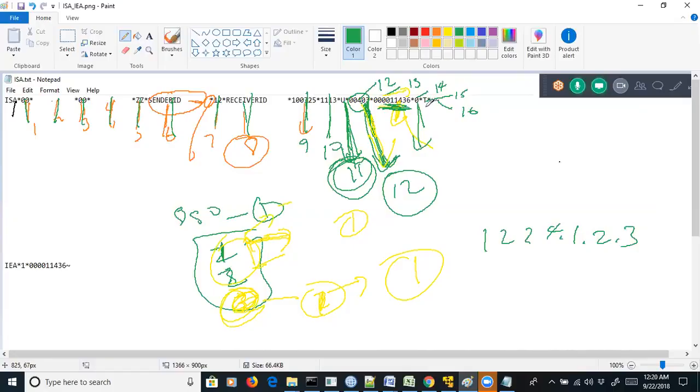If I need that acknowledgement, I can indicate that in field number 14. If it's 1, it means I need acknowledgement. If it's 0, it means I do not need the acknowledgement. So this is your field number 14.